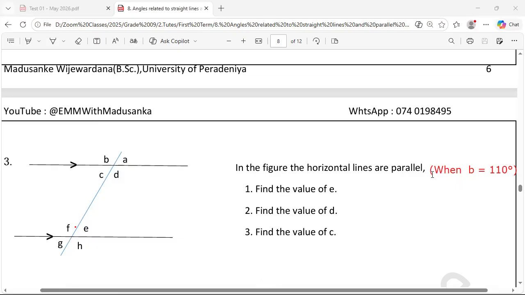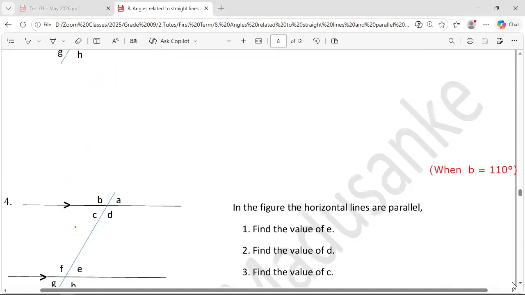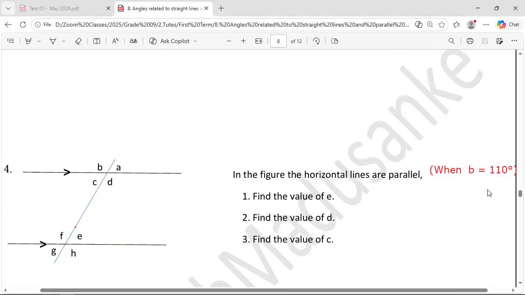Inside the bracket, write down when B equals 110, find the value of E, find the value of D, find the value of C. In the fourth question, write down inside the brackets when G equals 55 degrees, find the value of E, D, and C. These are homeworks.